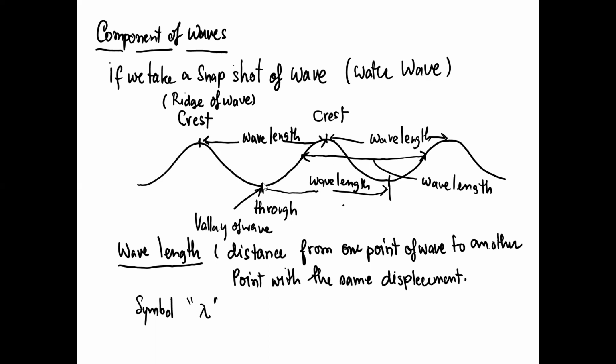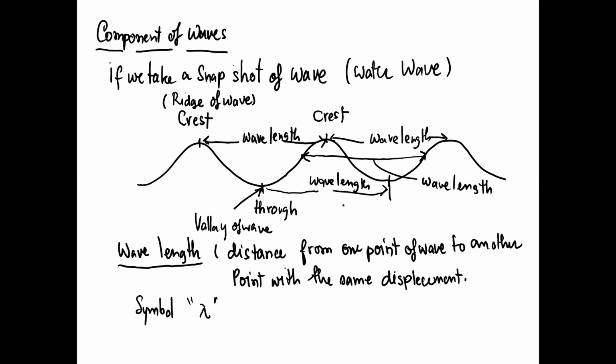And the distance from lowest point to lowest point or highest point to highest point of each wave is called a wavelength. So it is a distance between 2 points. It is actually 2 points of the same displacement. Okay, it's called the wavelength or lambda.